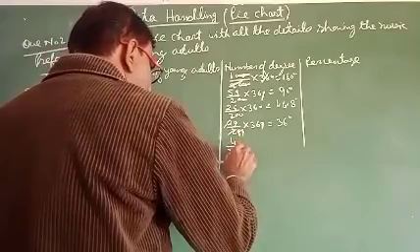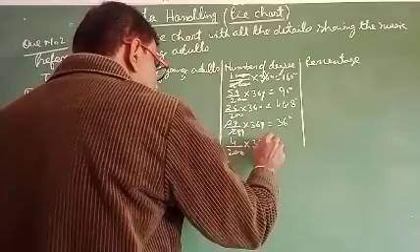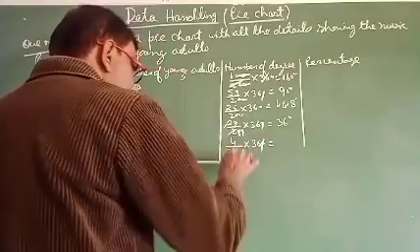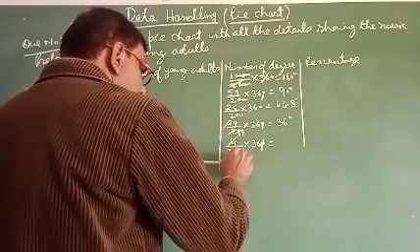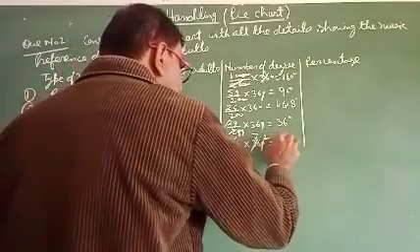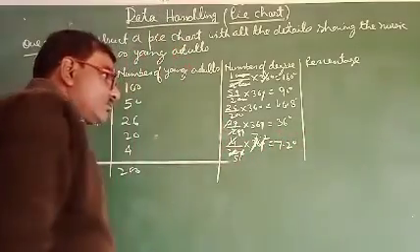Now 4 divided by 200 multiplied by 360 degrees, then it will be 7.2 degrees. This is the number of degrees.